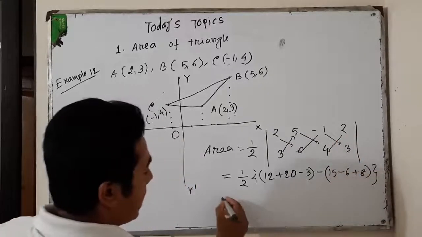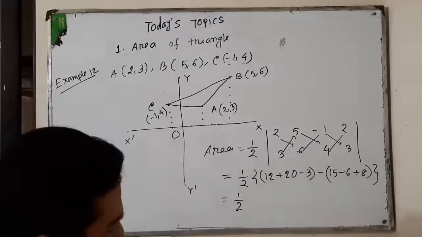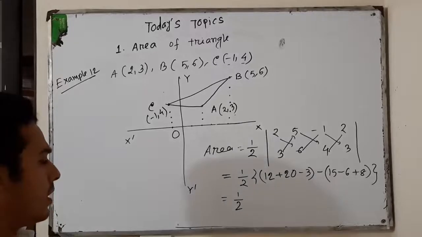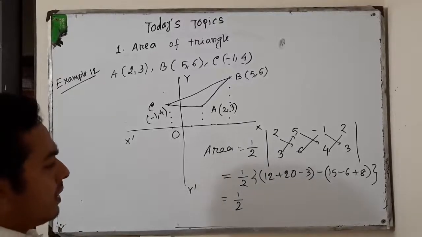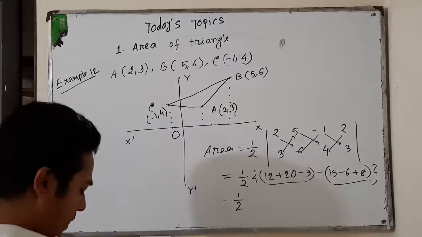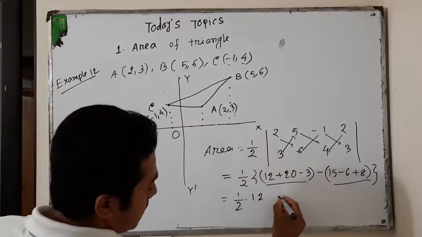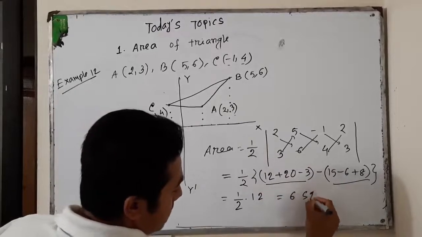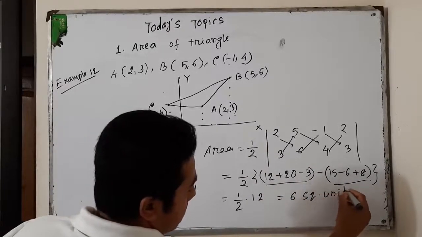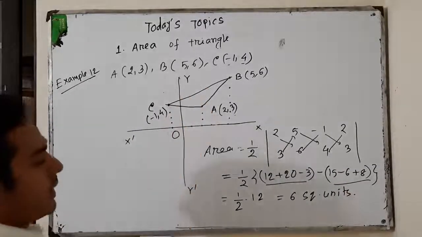If we calculate this, the answer will be half of 12, which is 6 square units. This is the area of this triangle.